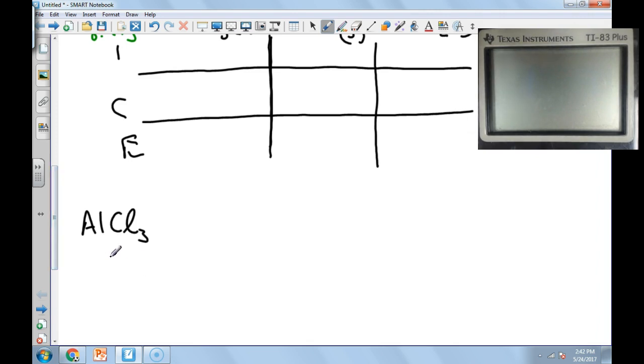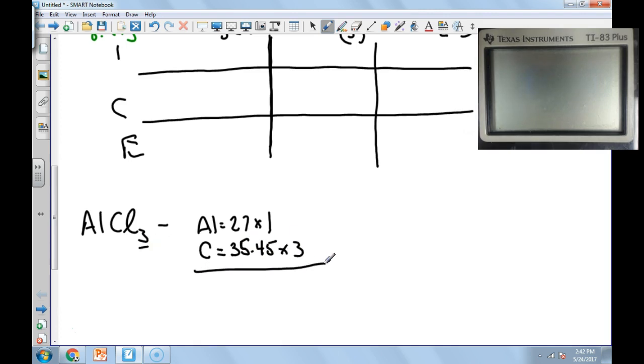So for the molar mass of AlCl3, we pull out a periodic table, and aluminum is somewhere around 27, and there's one of them in the formula. And then chlorine is 35.45, and there are 3 of them in the formula, and then we're going to add that up.